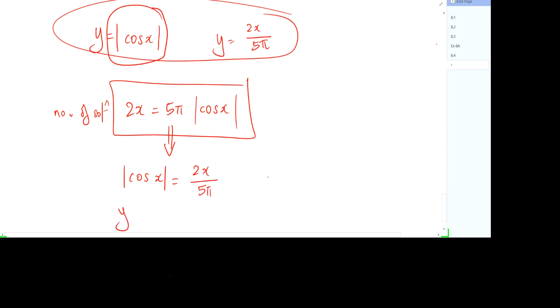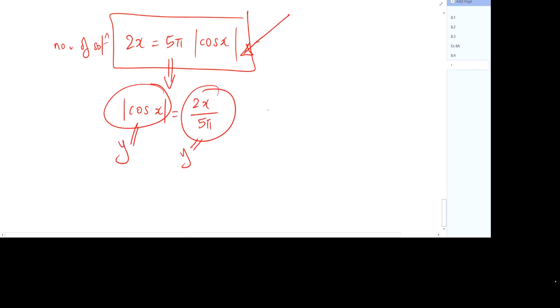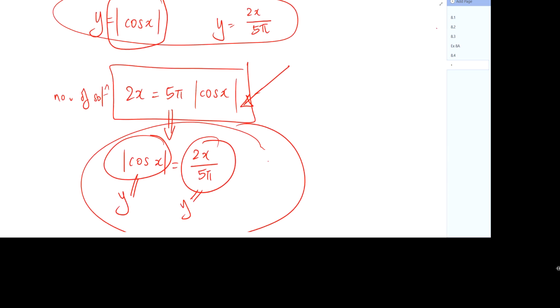So if I draw the graph of y equals modulus cosine x, and I draw the graph of y equals 2x over 5 pi, then the number of intersection points, the solutions, will be the solutions for this equation. And then you ask yourself, do you already have these two graphs? Yes lah, the question already asks you to draw. Okay? So you know your homework questions. Please finish it up. Exercise 8B.